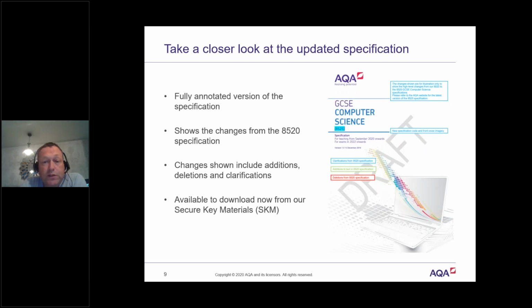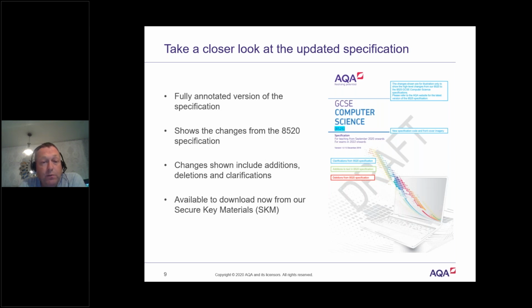As John mentioned before, there is a version of the specification as part of this presentation. We've taken an early draft of the specification and shown you where all the changes are. It's all color coded: where things are in blue, these are clarifications from the 8520. Where they're in green, it's additions, and where they're in red, it's deletions.